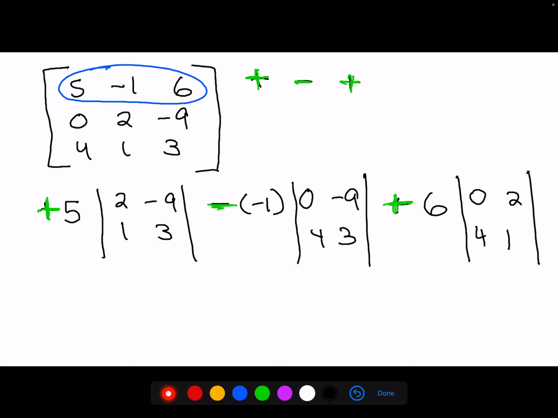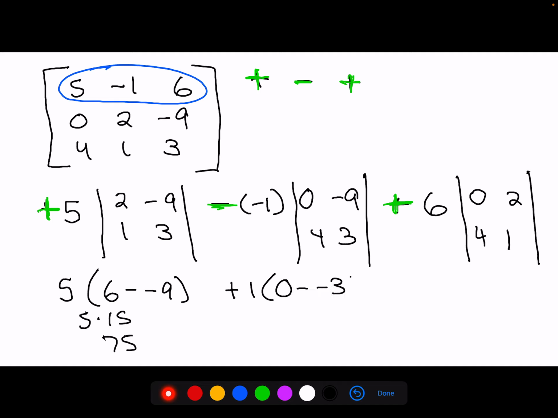Okay, so first one, 5 times 6 minus negative 9. So 5 times 15, which is 75. Then I've got minus, so plus 1 times 0 minus negative 36.